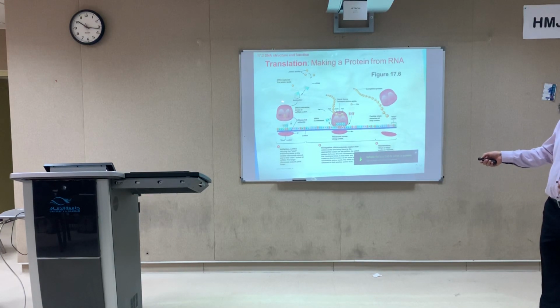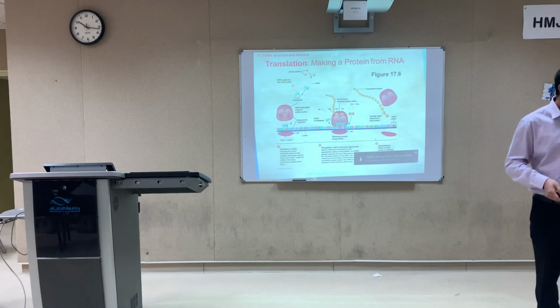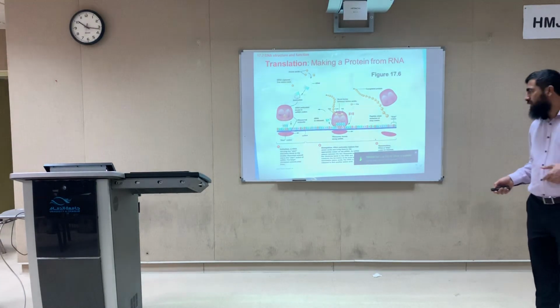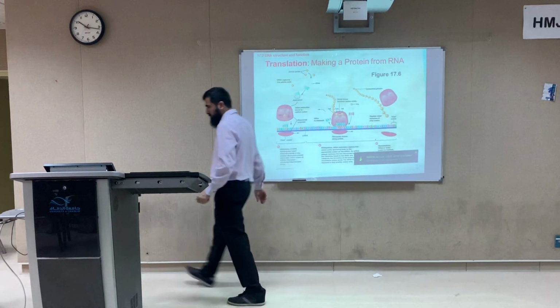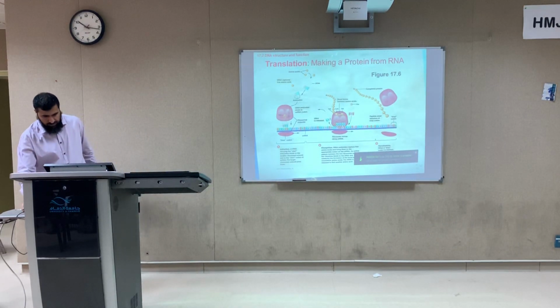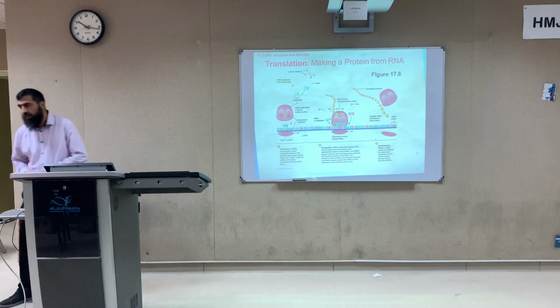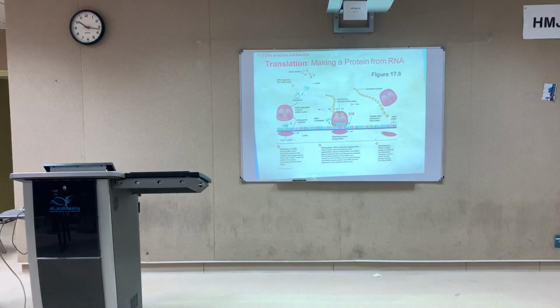Now, if you have a look at the actual process of translation, there are 3 steps involved, okay? The first one is initiation. Initiation means when you start something, okay? Then we have elongation.